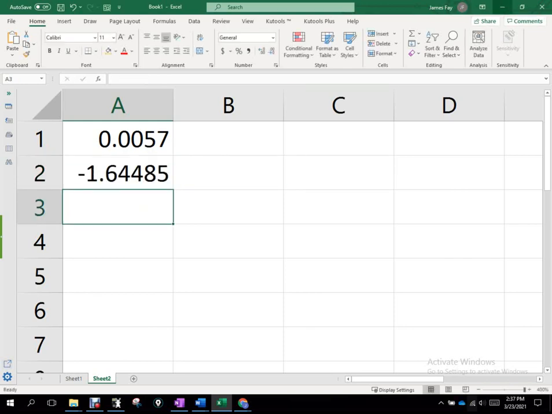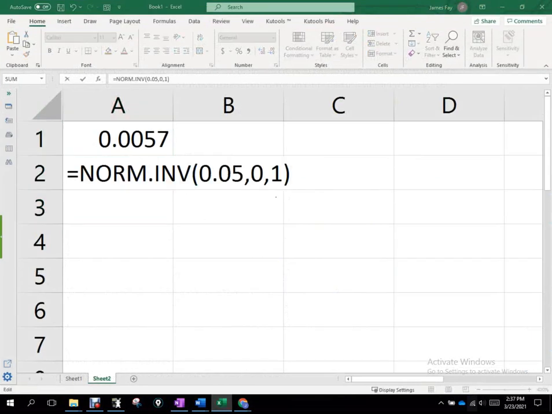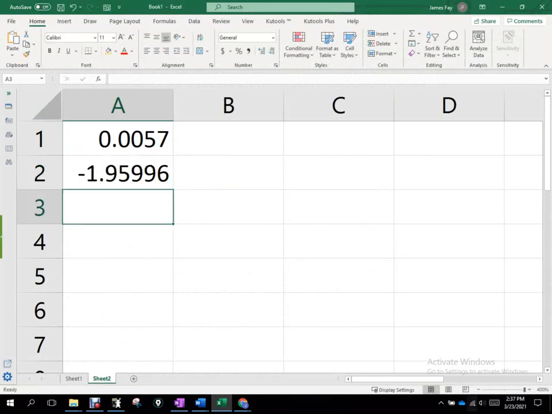So negative 1.64, and because it's a 2-tailed test, I would be plus or minus. Then we're going to do the same thing, but instead of 0.05, we'll cut that in half, and we get plus or minus 1.96.